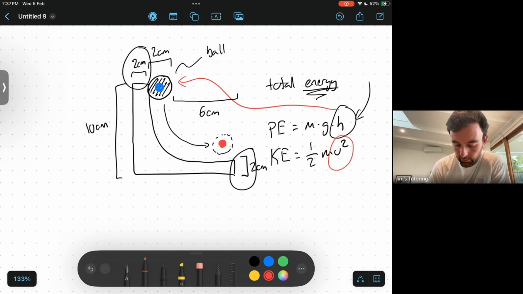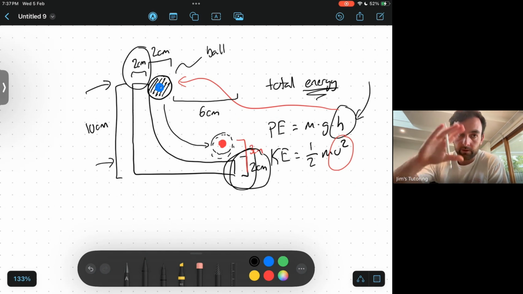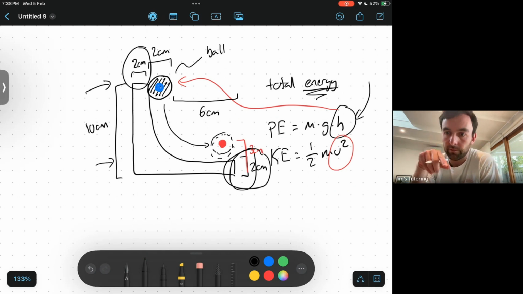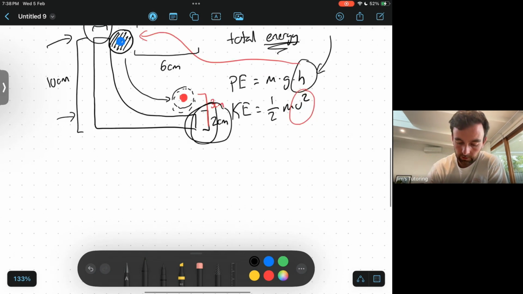So that's actually 3 centimeters. I think a lot of people put in 2 centimeters because they just say it's gone from 10 and now it's at 2 down here. But you also need to keep in mind that the ball has a bit of a height to it, and it's from the center of mass. So yeah, 3 is good.